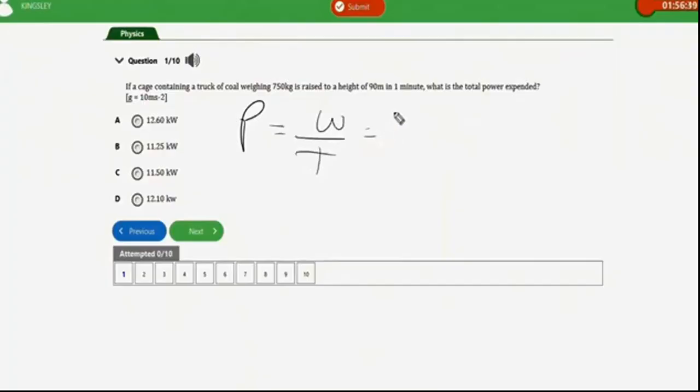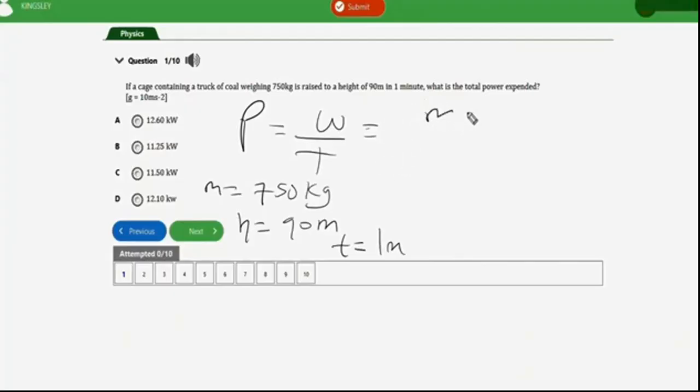In this question we have our mass to be 750 kg, our height to be 90 meters, and our time to be 1 minute. So the work is mgh over time.